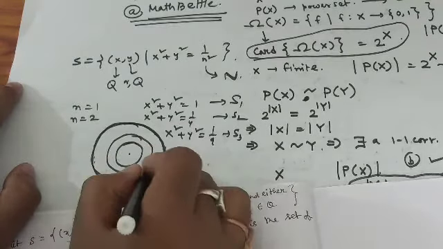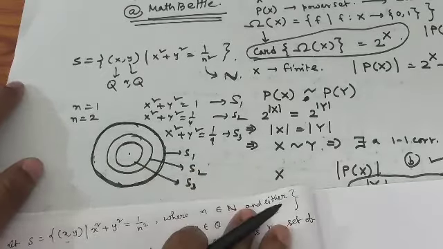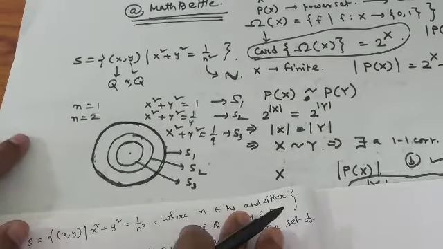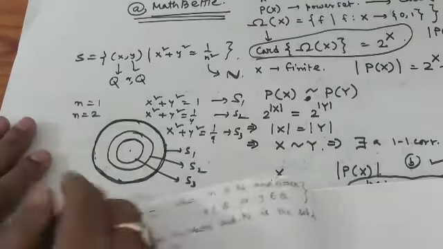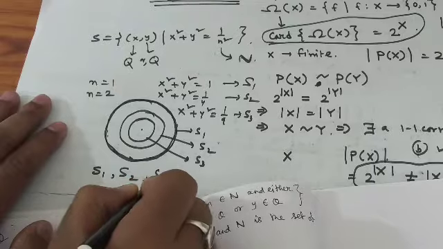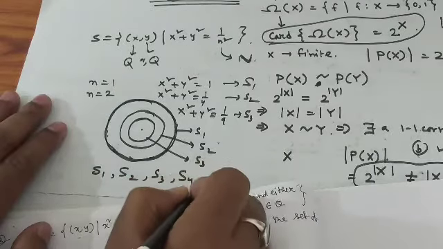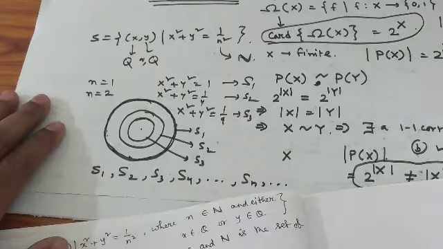This one is S1, this one S2, this one S3, and so on. So look at, enumeration is possible, correct or not? You will be able to get S1, S2, S3, S4, Sn, and so on, like this way.